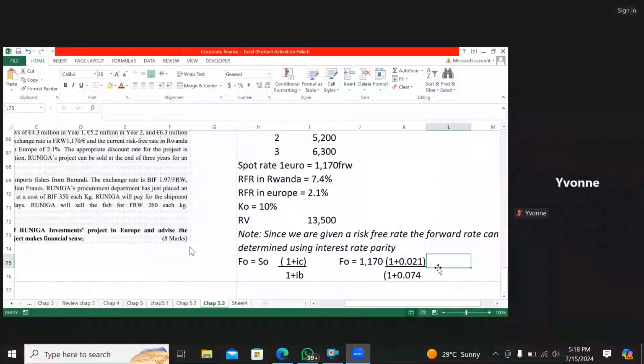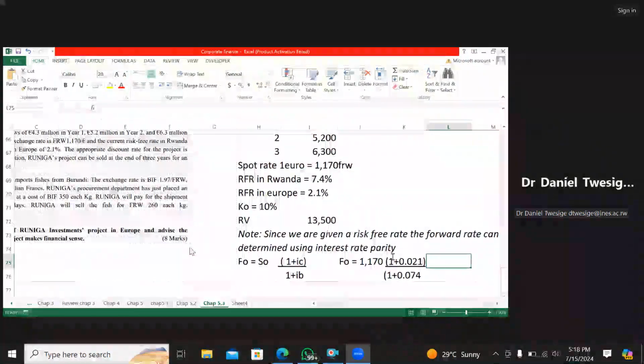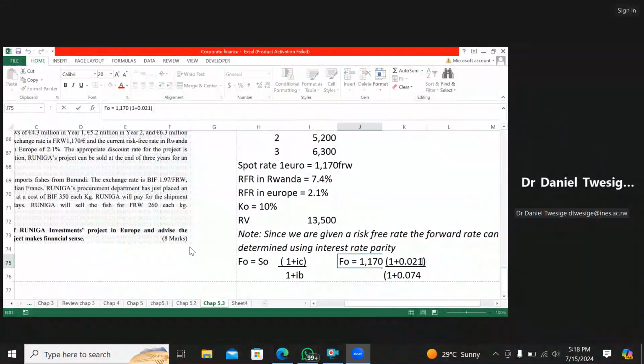We are getting 1,112.3. See that it doesn't make sense that the franc has appreciated. That's why now we are going to change the rules. How does it mean that it has appreciated, or does it mean it has depreciated?